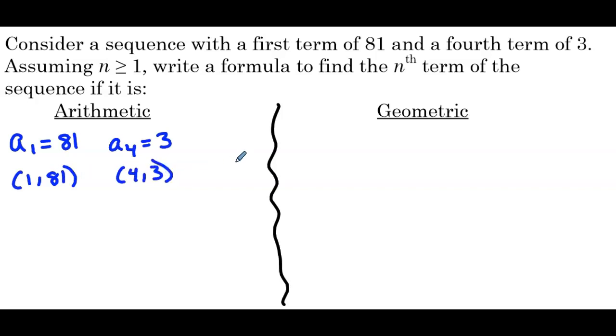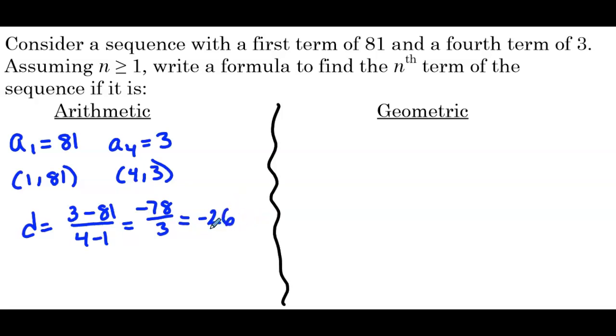So we have two terms of the sequence, we don't have the common difference, which is really just the slope between the points. So the common difference, I'll use the correct notation, is going to be (3 minus 81) over (4 minus 1). So we have negative 78 over 3, which is going to be negative 26.